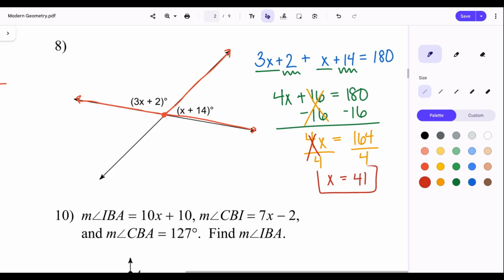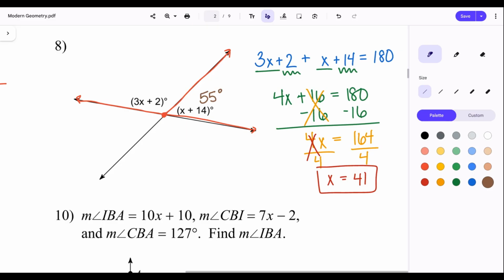Good. And then again, how could you check this one? You should be able to plug them back in and see if they add up to 180, okay? So if I think about that, 41 plus 14 for the right-hand side there would be 55.